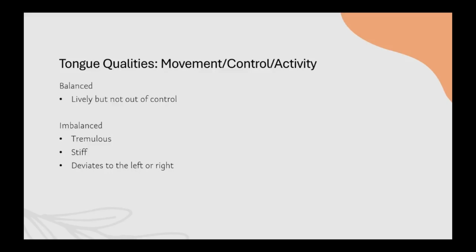It's moving in a way that they can't get a hold of it. You might see a slight tremble, or a really tremulous tongue, like a leaf shaking in the wind. Or on the other end, it could be really stiff with a lack of movement. Or, more severe, a tongue that deviates to the left or the right.